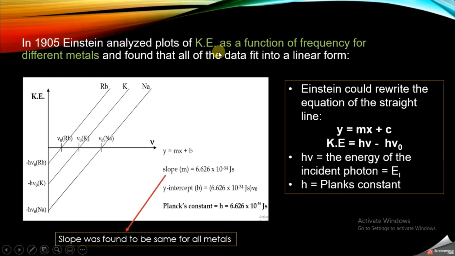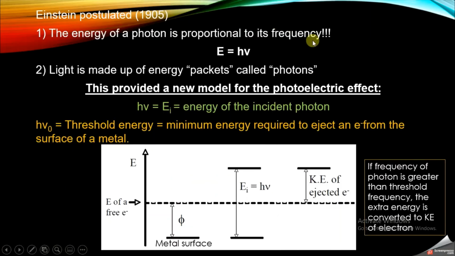From this equation, this is the energy of the incident photon, and it can be represented by Ei. So this was one of his observations. In classical physics, there was no relationship between the energy and the frequency of light. So this was the first time that a relationship was given between energy and the frequency of the photon, like this: E is equal to h nu.